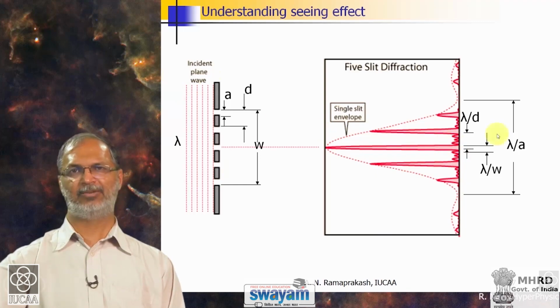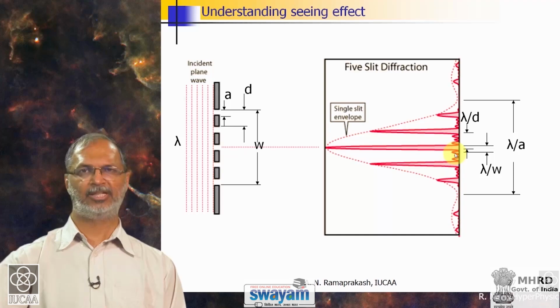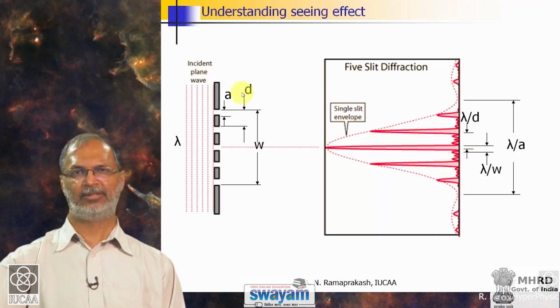So, clearly there is an inverse relation between the way you illuminate your aperture and the illumination pattern you get at the image plane on a far screen. The smallest structure leads to the largest structure here and vice versa.